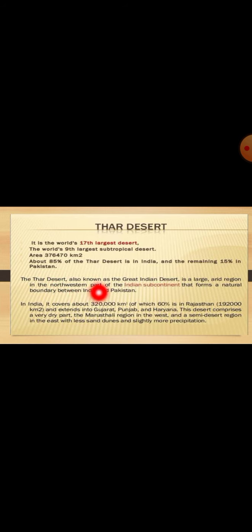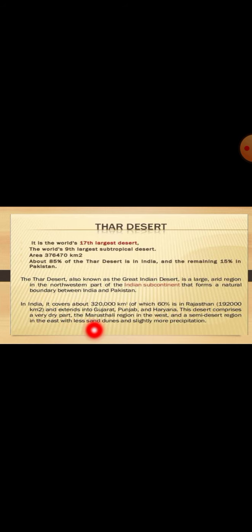The Thar Desert, also known as the Great Indian Desert, is a large arid region in the northwestern part of the Indian subcontinent that forms a natural boundary between India and Pakistan. In India, it covers about 3,20,000 square kilometers, of which 60% is in Rajasthan, and extends into Gujarat, Punjab and Haryana.